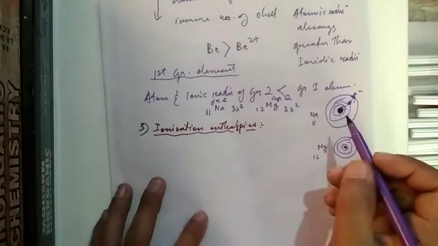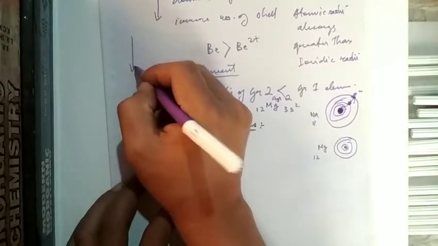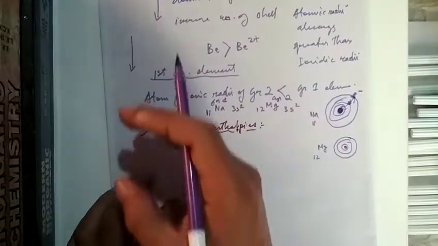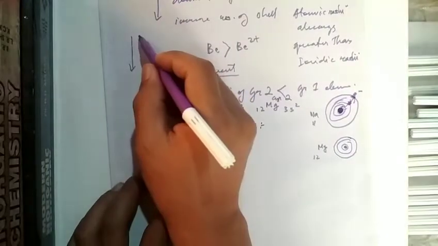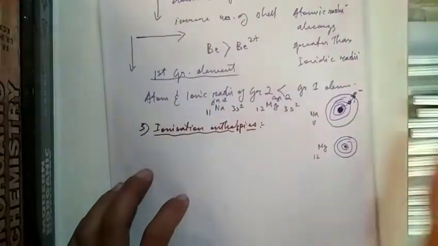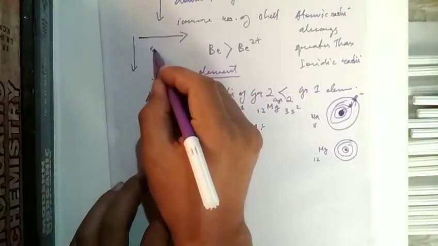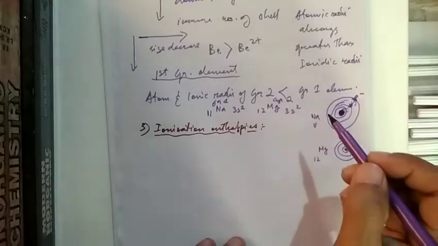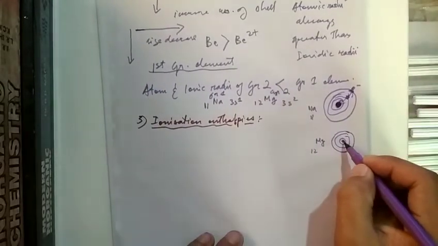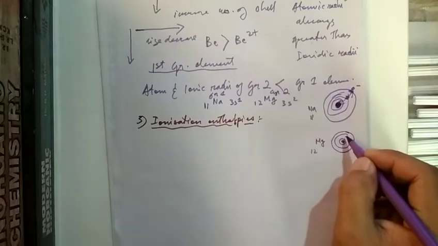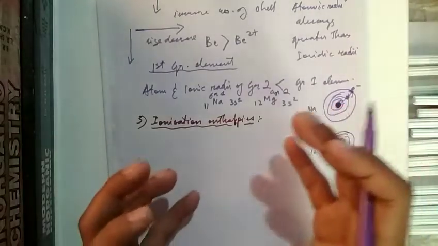In the periodic table, when we move down the group, atomic number increases and the number of shells also increases. But when we move from left to right across the period, size decreases. This decrease is due to effective nuclear charge, which is when the protons in the nucleus attract the electrons in the shells towards itself.